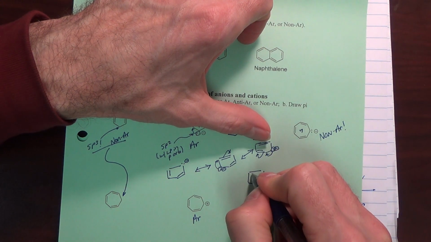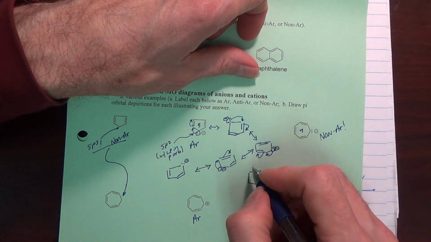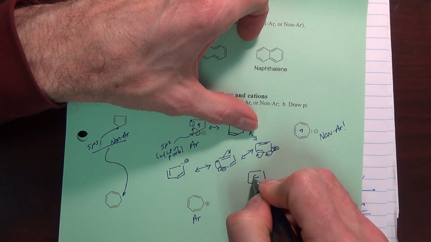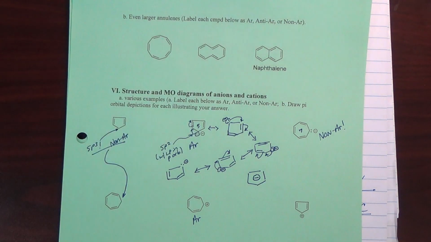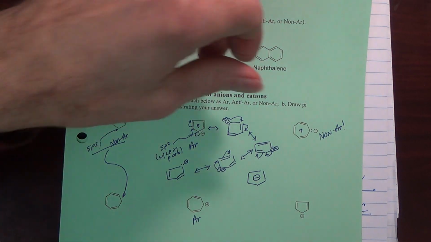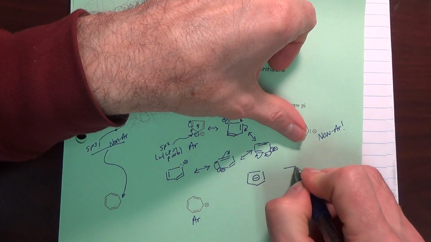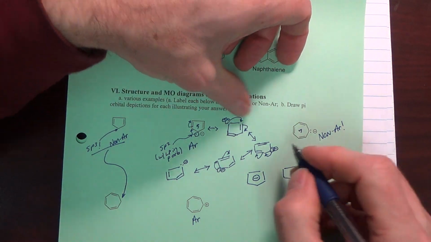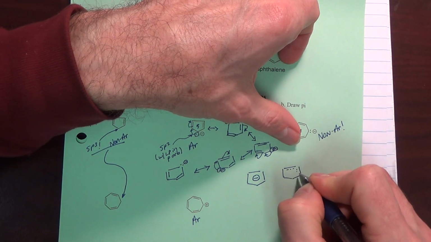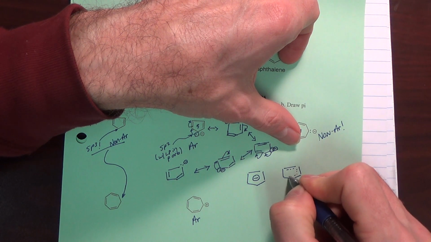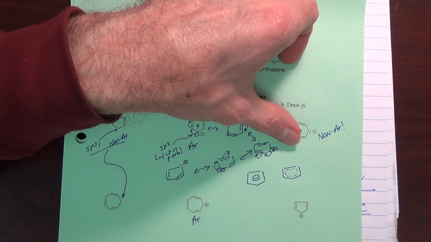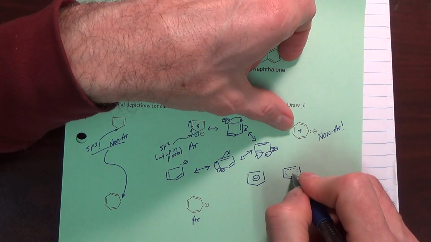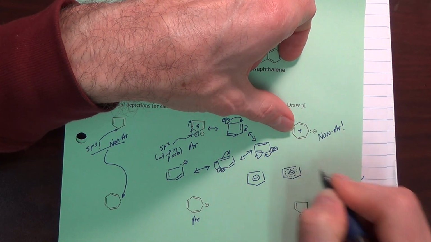We can show it sort of like this. And if we back that up, that comes from, well, each bond is really a bond and a half. And we can just show the entire thing being charged, and a lot of times that's just shown like that.